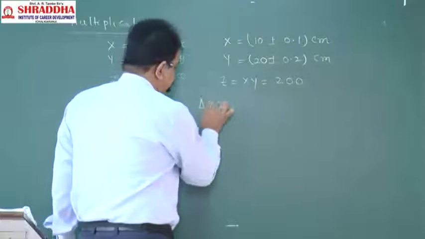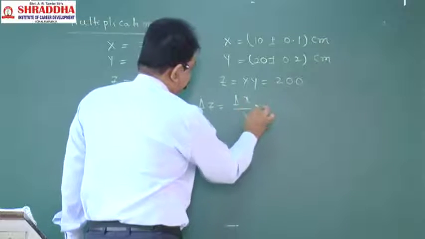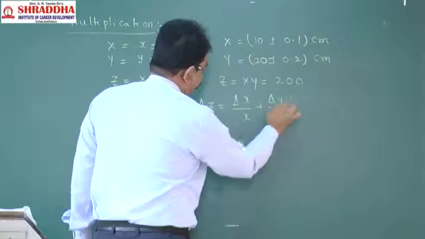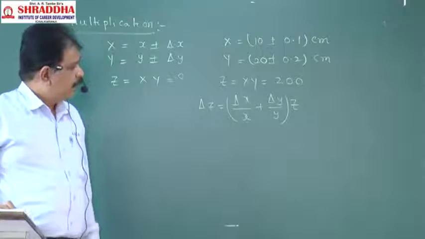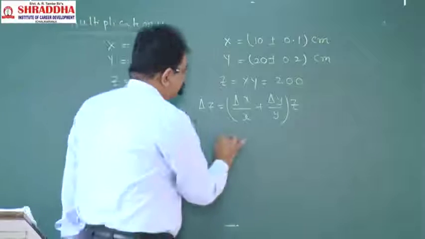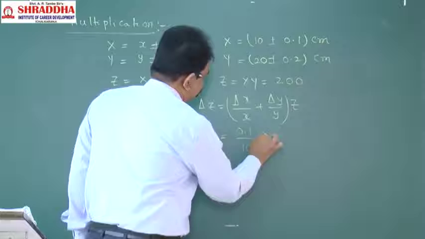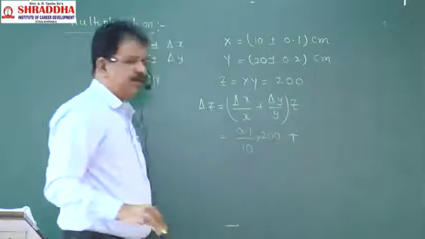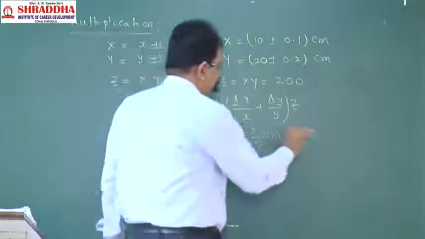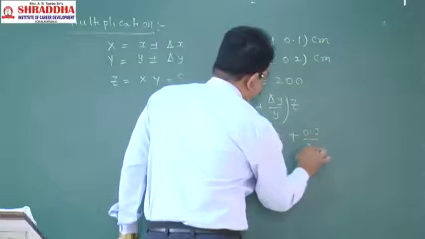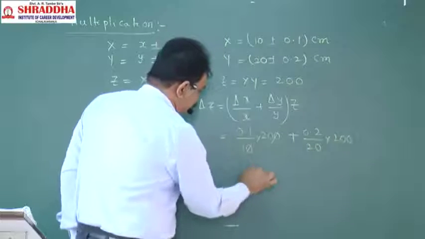Then delta z is equal to delta x by x plus delta y by y, into z. Delta x by x will be 0.1 by 10. The z value we just calculated is 200. Delta y by y is 0.2 by 20, into 200. So this value will be 2.